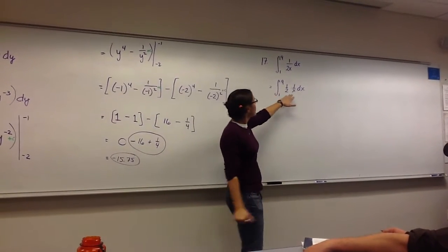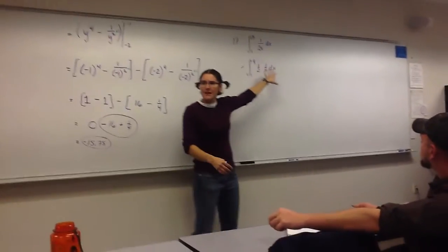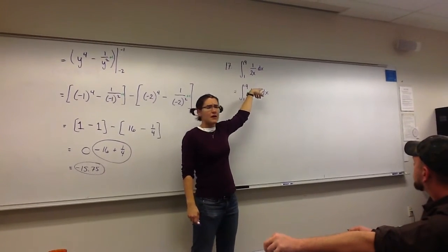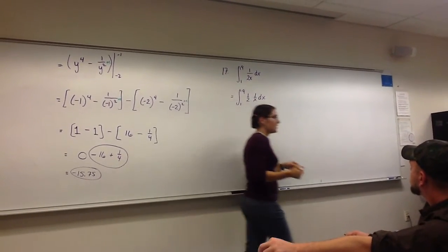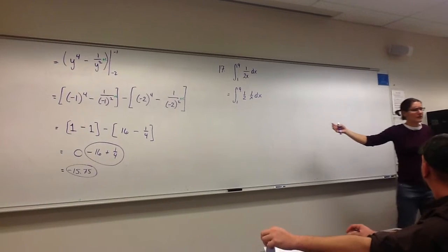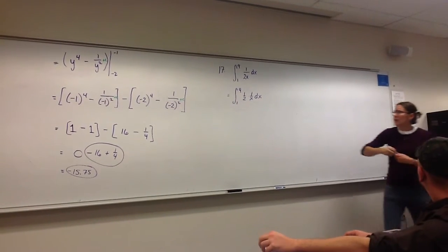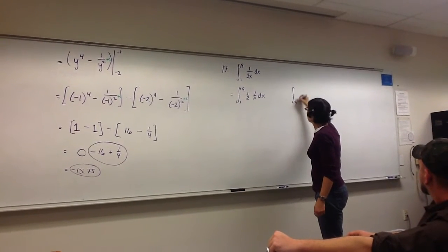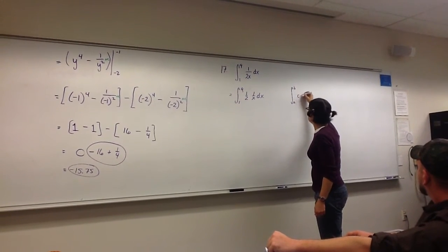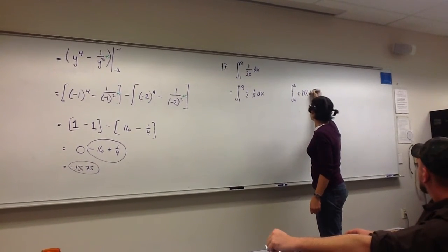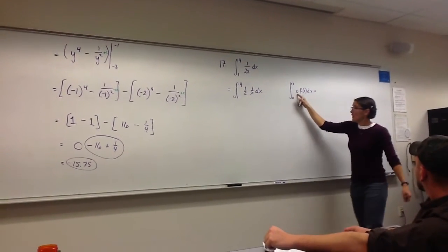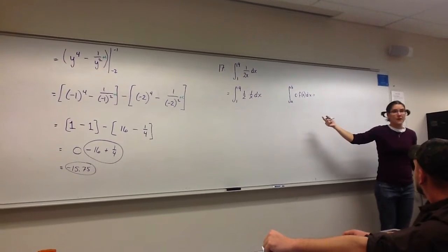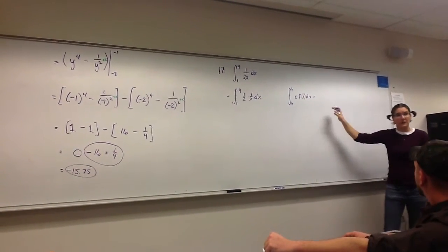Okay, good. So this is a good idea to separate this into the constant times the thing that's changing. And when I do that, there's actually a rule, and I neglected to write these down last time, but I will write them down today. There's a property of integrals that the integral from a to b of c times f of x dx is the same thing as we can actually bring that constant in front of the integral, the same way that we could bring constants in front of a function and take the derivative of the function.